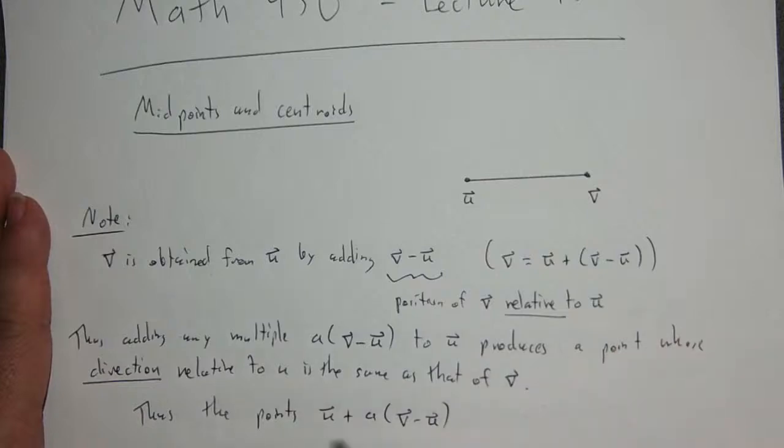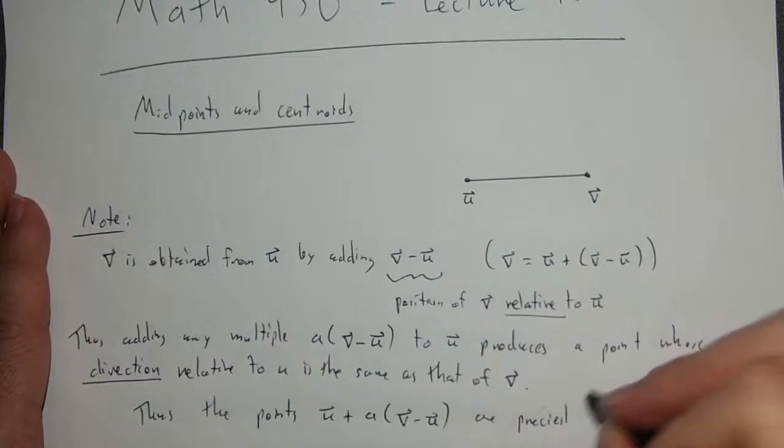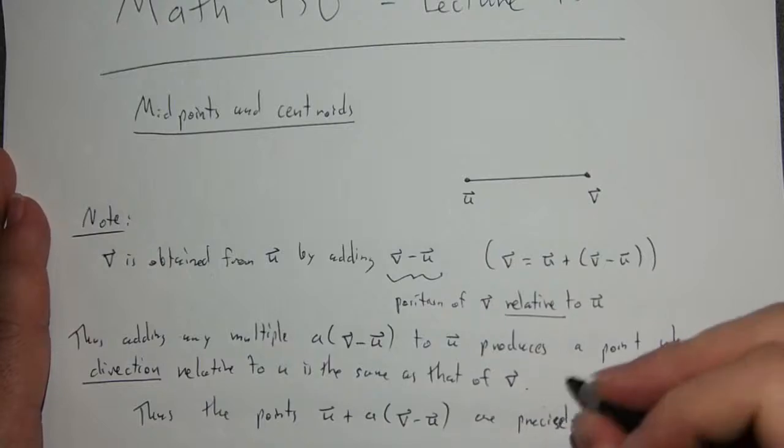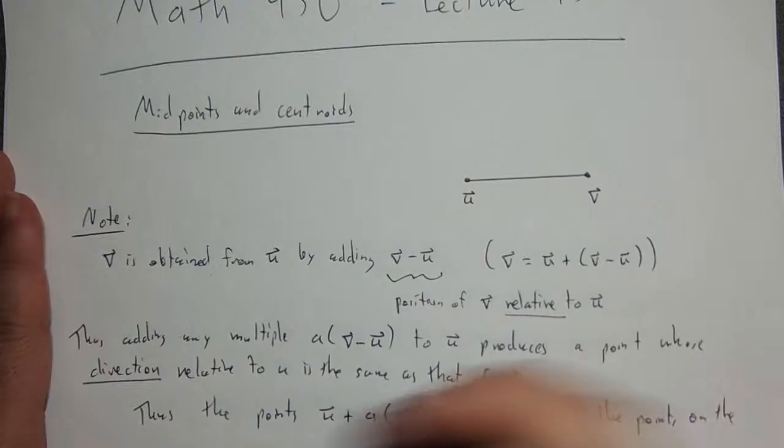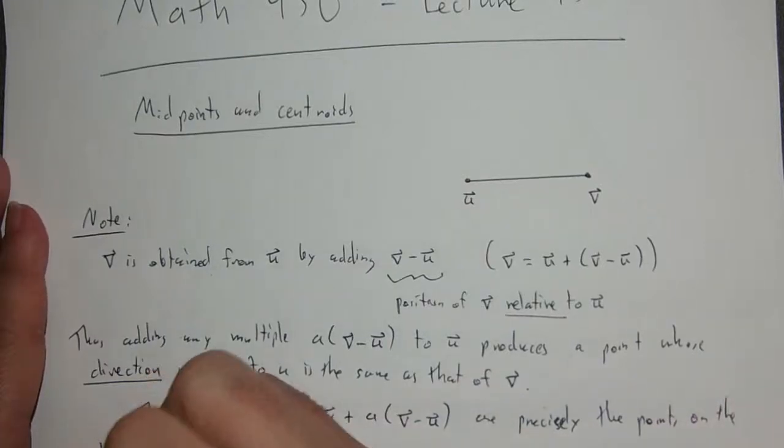So the points u plus a times v minus u are precisely the points on the line through u and v.